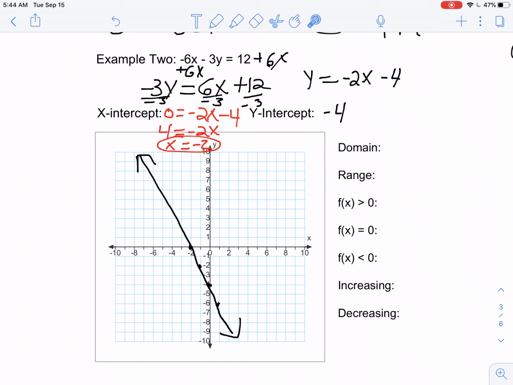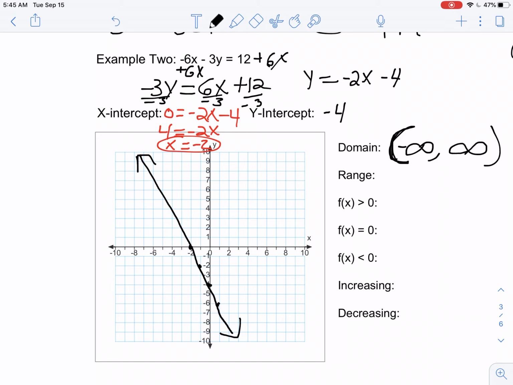Eventually, this line will go forever and ever up and over, so it will hit all x values this way, and it's going to do the same thing going the other way. It's going to go forever down and to the right, so eventually, it'll hit all x values to the right. So our domain is going to be from negative infinity to infinity with parentheses because the infinities are not included.